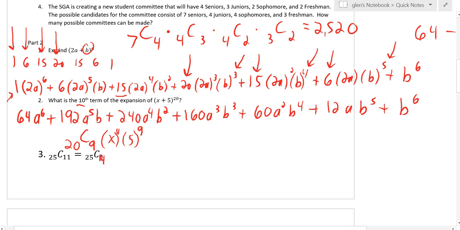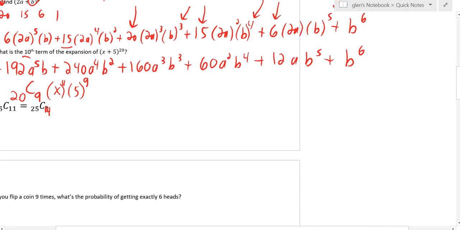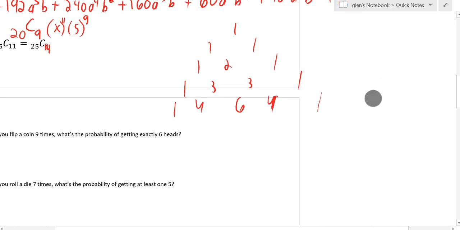14. Huh? Because, look, let's take a look at Pascal's triangle. 1, 1, 1, 1, 2, 1, 1, 3, 3, 1, 1, 4, 6, 4, 1. Okay? Look at this. So this is the 4th row, right? This is 4 choose 1. And over here is 4 choose 3.